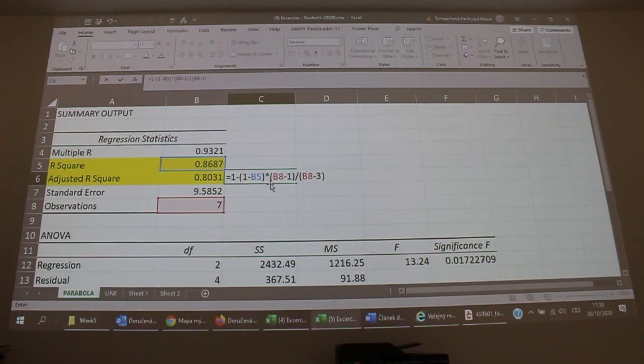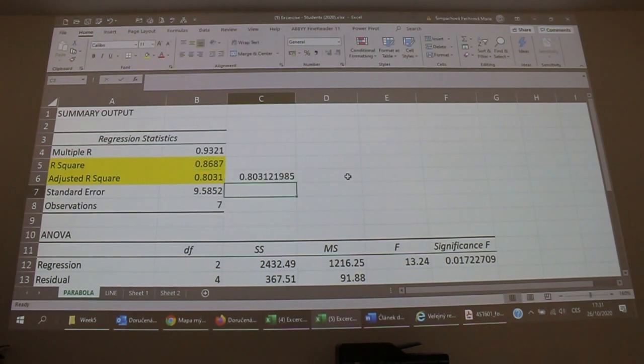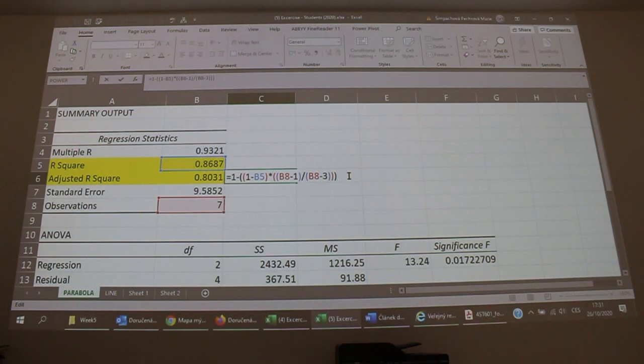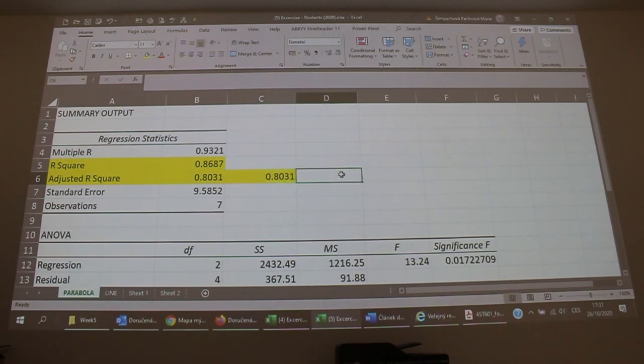Okay, parenthesis here, one more parenthesis here. It is better to use parentheses here and here. Okay, and this is the result. Can you see what I wrote here? This formula. And if I use 4 decimals, you can see that I have the same result.